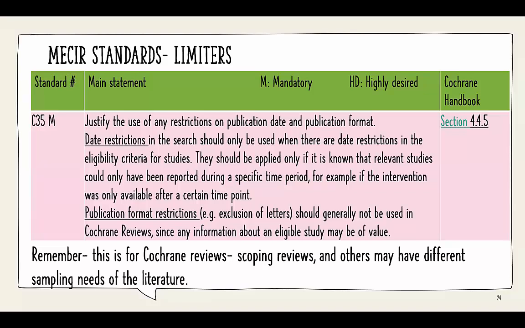But for the most part, I haven't seen too much kickback anytime we've limited a systematic review to a certain date, because most of the time we pick a reason why and we can justify it. This is just what Cochrane says for them.